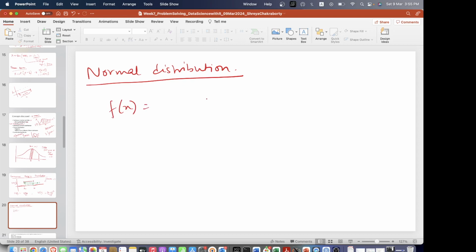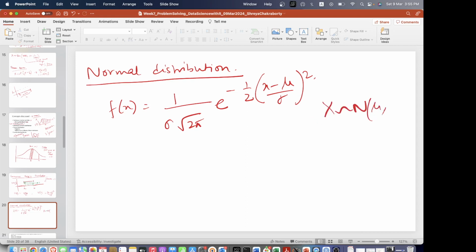It is 1 by sigma root 2 pi e to the power minus half, x minus mu by sigma, whole square. So x follows normal, mu sigma square, where the expectation of x is mu and the variance of x is sigma square.